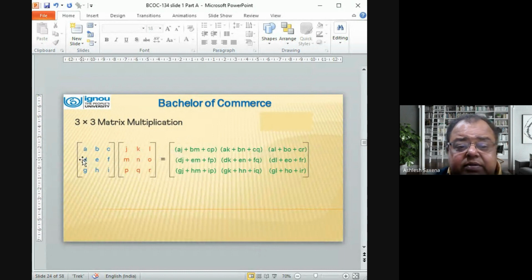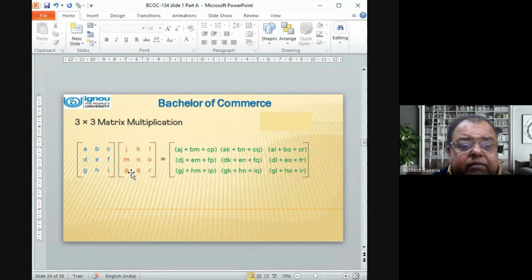When you will be multiplying this with this, it will be the third row.